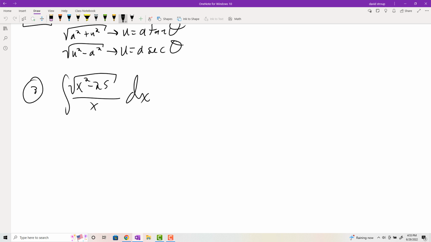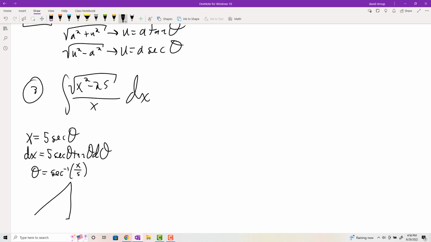Okay. So, anyways, here the form tells me it needs a secant sub. In this case u is just x, and then the a value is 5. So then I like to get all my information: dx is 5 secant theta tan theta d theta, and then build my triangle. So I need theta, that will be secant inverse of x over 5.